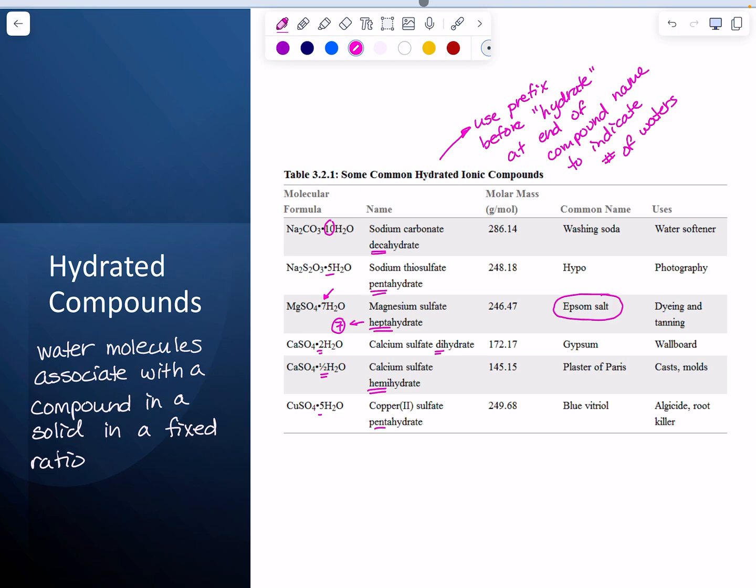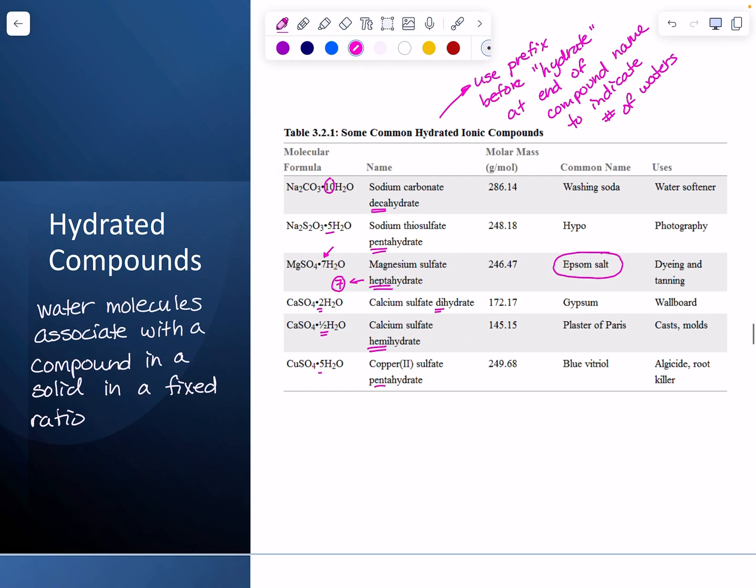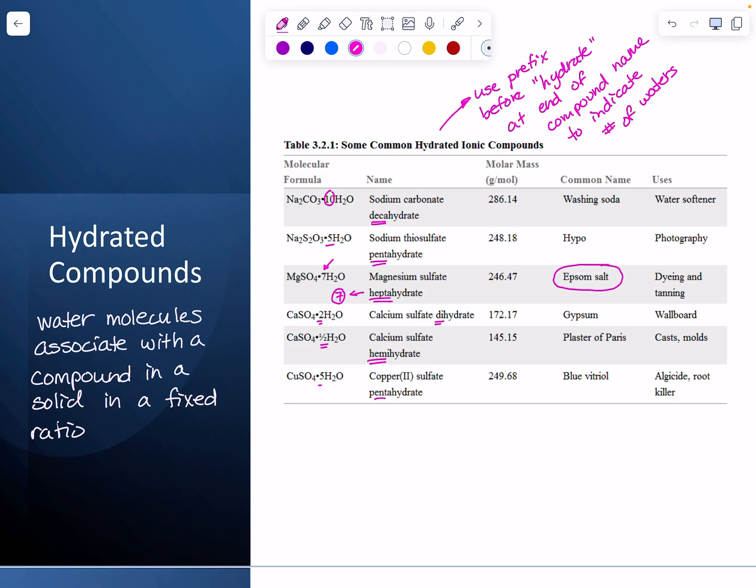All right, so the question is, how would you determine the number of waters of hydration that you have? Well, for most of these solids that are hydrates, you'll notice that they are ionic compounds. And ionic compounds, because you've got a positive charge and a negative charge, associate with one another very, very tightly.